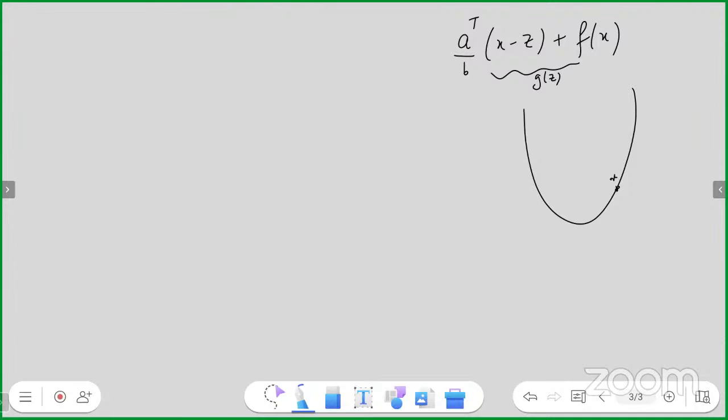Make sure that it always stays below f of z for all z. That's the interesting part.